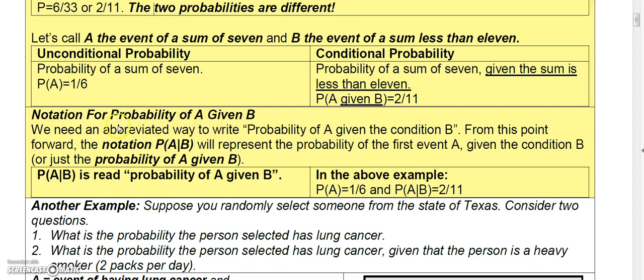From this point on, the notation P(A|B), with a vertical line between A and B, will mean the probability of A given B, the probability of the first event A given the condition B. So in the above example, the probability of A with no restrictions was 1/6, but the probability of A given B was 2 out of 11.